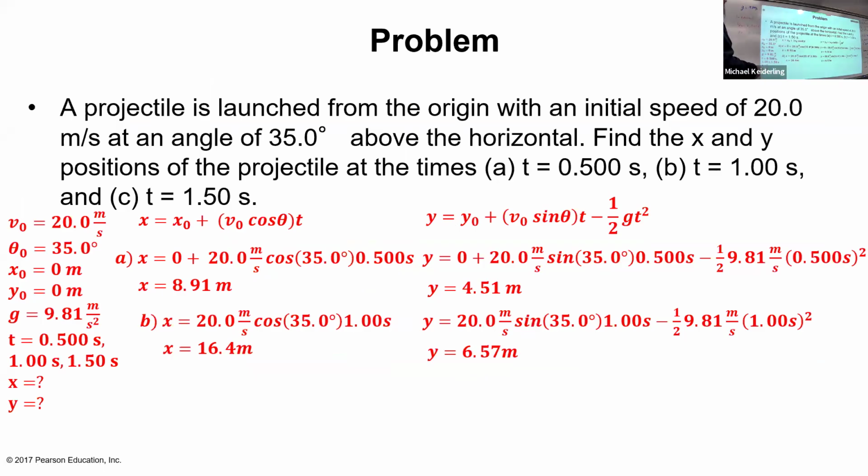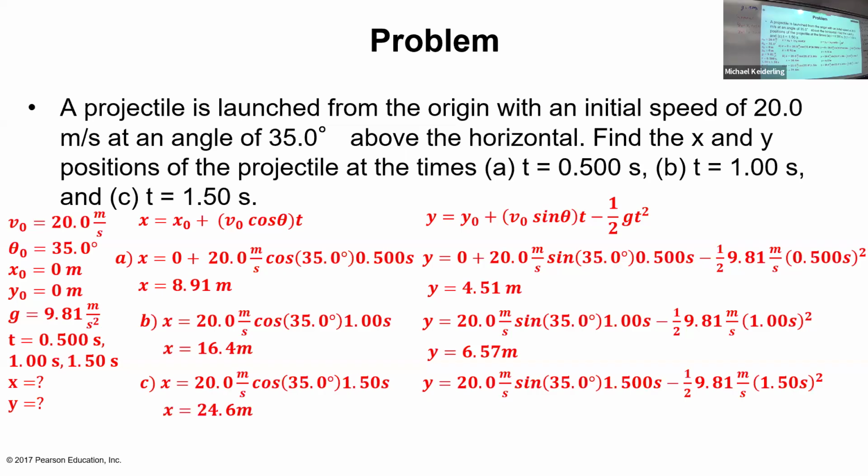So with 1 second, it's 16.4 meters and 6.57 meters. Make sure those numbers are right. I didn't screw up my math. Nope. And then for 1.5 seconds, we get 24.6 meters and 6.17 meters.